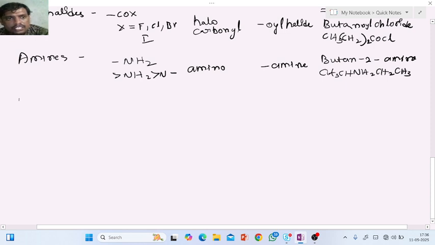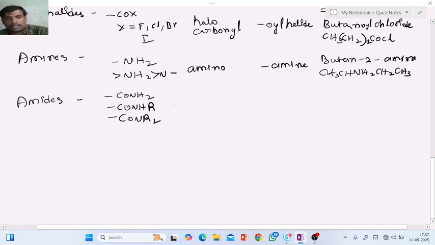After that, amides are there. Let us take amides. If you carefully see the amides, CONH2, and after that CONHR, another functional group for IUPAC, and CONR2 as per the NCERT, and the remaining for the JEE exam. These are very, very important functional groups.